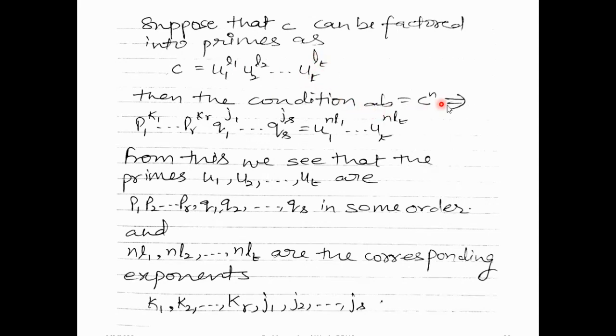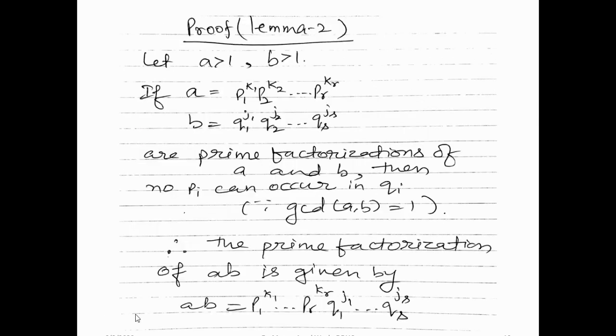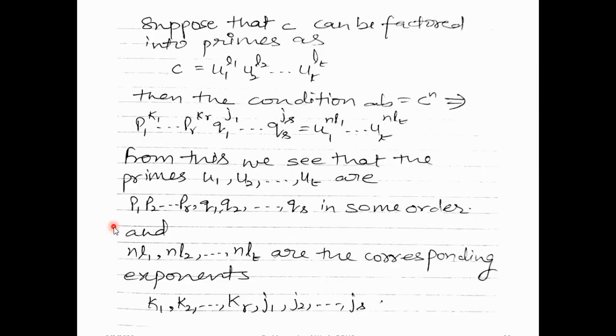Then the condition AB is equal to C to the power n implies that this AB is equal to U1 to the power nL1, U2 to the power nL2 and so on, up to UT to the power nLT.